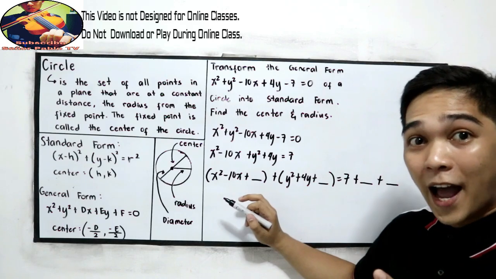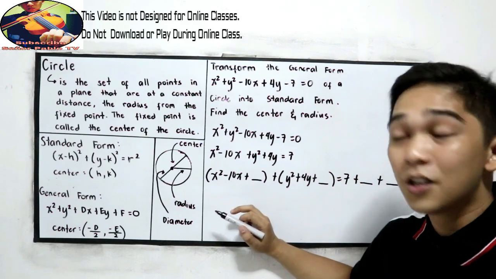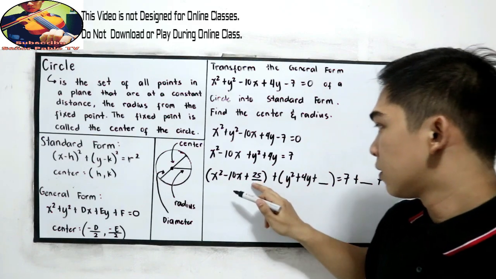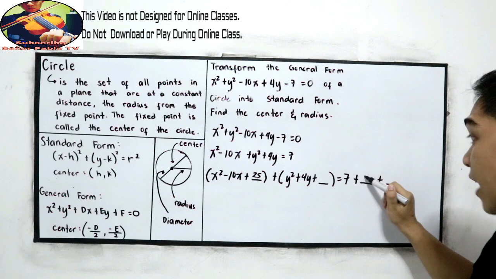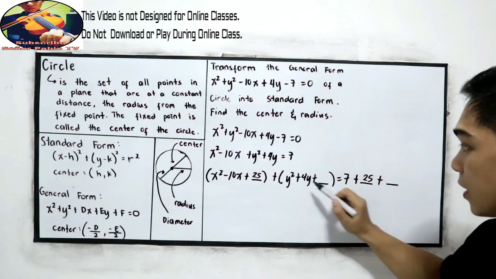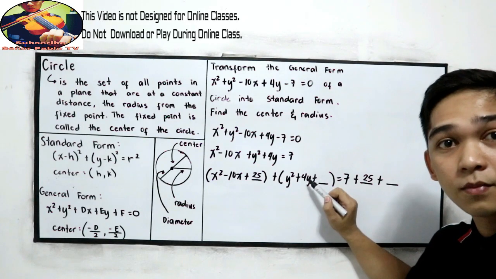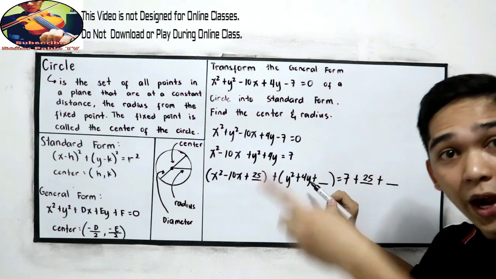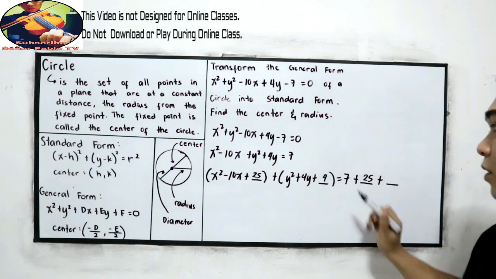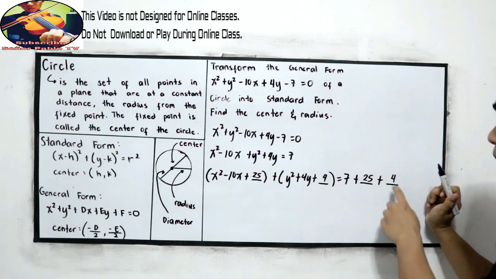Then 5 squared, 25. So we need to add 25 here. Also add 25 on the right side of the equation. Next, 4 divided by 2, that is 2. 2 squared, that is 2 times 2, which is 4. So we added 4 on the left side, add 4 on the right side of the equation.